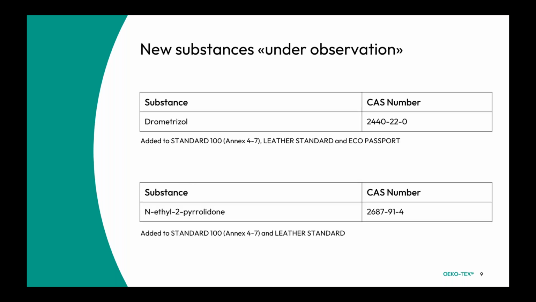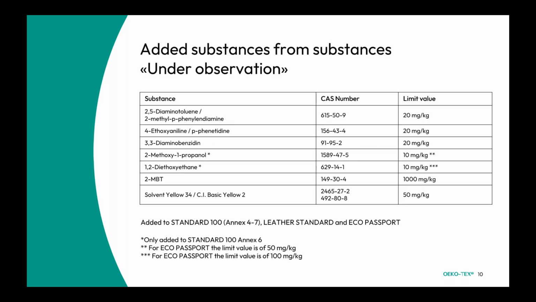We also have some new substances that we have set under observation: drometrizole, which was added for Standard 100, Leather Standard, and Eco-Passport, and N-ethyl-2-pyrrolidone, also called NEP, which has been added for the Standard 100 and the Leather Standard under observation, but has directly been added for the Eco-Passport, which we will touch upon a little bit later.